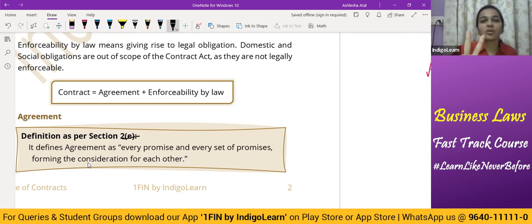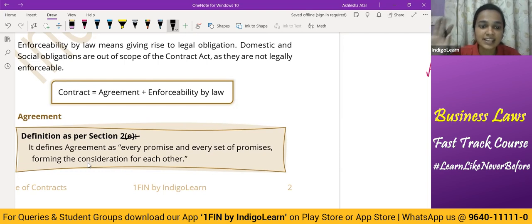So only two important terms you have to remember here, and that is promise and consideration. If you remember the equation, you will definitely be able to write the definition of agreement very easily. Remember promise, remember consideration. So what is agreement? Agreement is promise or set of promises which form consideration for each other. So that becomes the definition of agreement. Simple, easy. Will you now remember the definition of agreement?